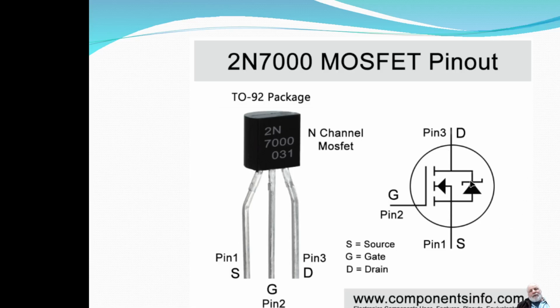But what I want to point out to you here is the actual schematic. It wasn't shown on the other ones. We have the MOSFET on the left side in this circle, but on the right side it actually has a diode.